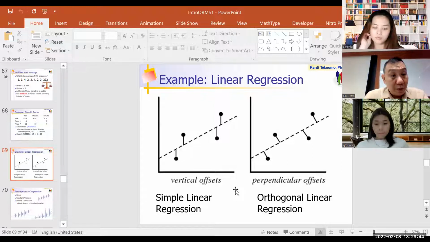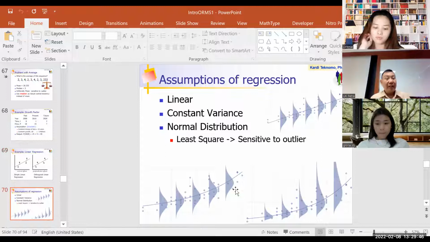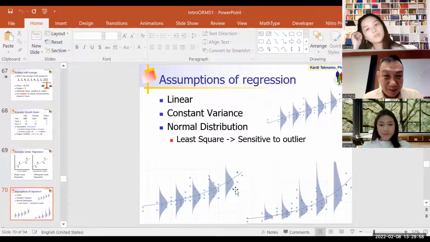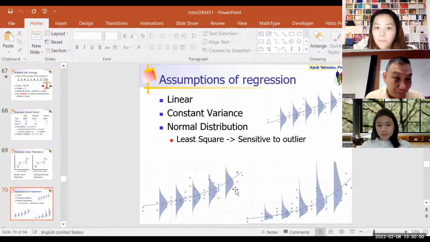Now, talking about the assumptions: what are the assumptions of regression? You learned this before. Did the teacher tell you the assumptions of simple linear regression? No? Or did they just tell you how to calculate it, and then you were very satisfied: oh, I can already calculate the model.